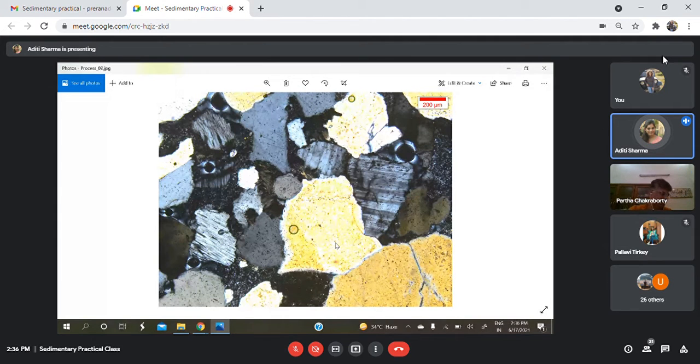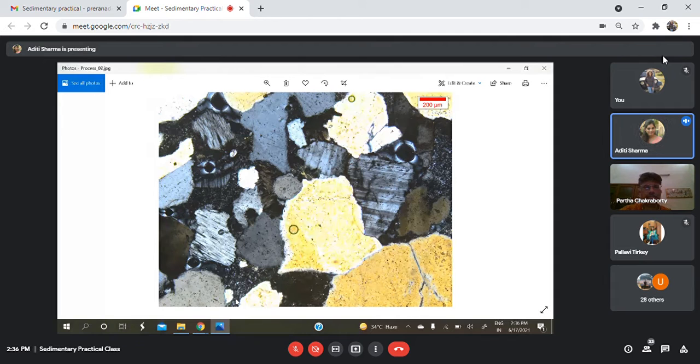In that case, we clearly get the gray color. Quartz normally shows the gray color, but if the slide remains thick, it sometimes shows yellow color and sometimes blue color also. So this is the silica overgrowth, and the matrix is also clear in some parts; these are very fine grains that can be defined as matrix.